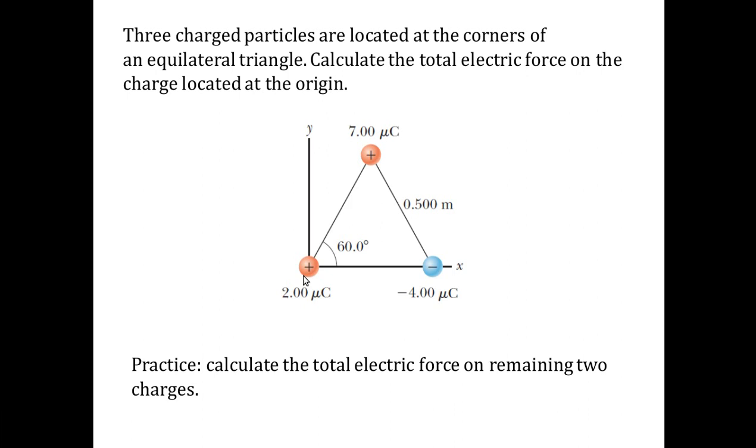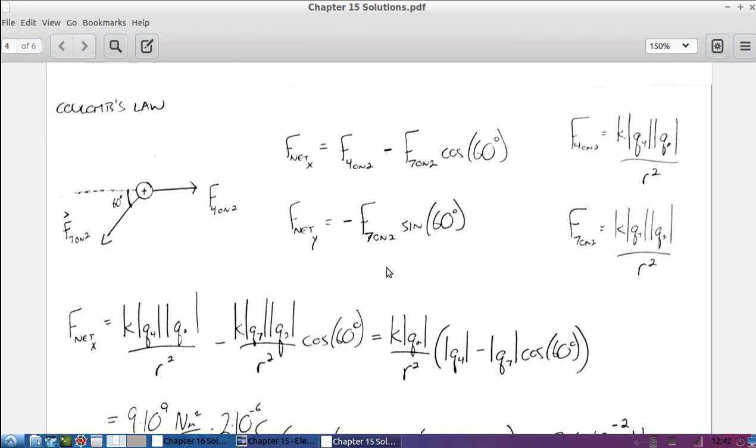But the negative 4 microcoulomb charge is going to attract the 2 microcoulomb charge towards it. So the force by the 4 microcoulomb charge is in the positive x direction. Again, no other forces, just electric forces, but one of the forces is acting in 2 dimensions.